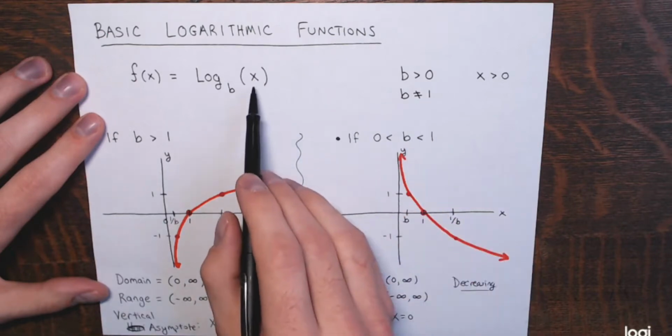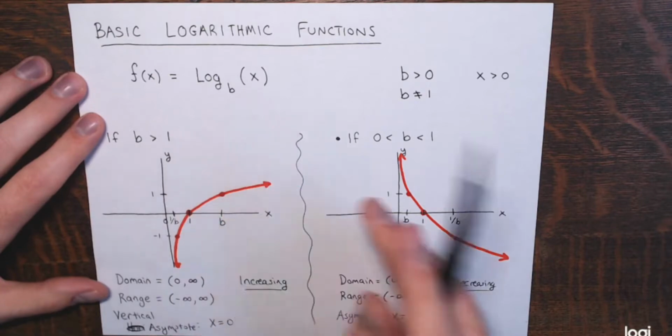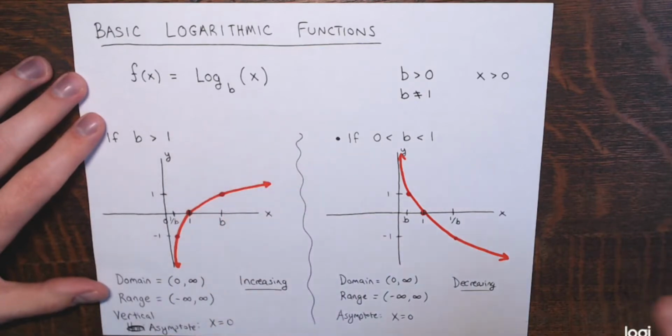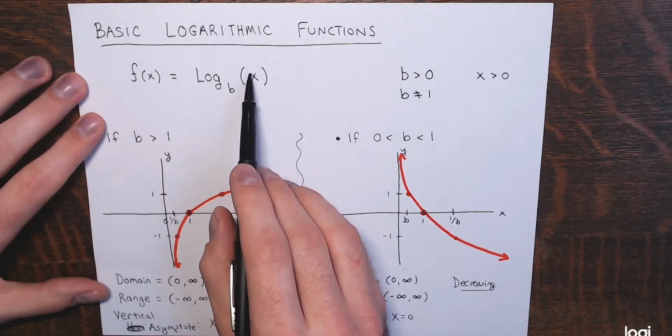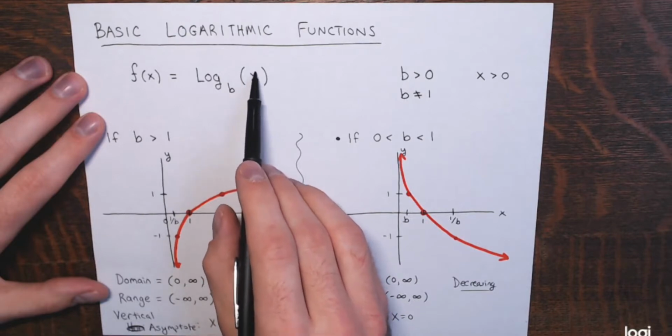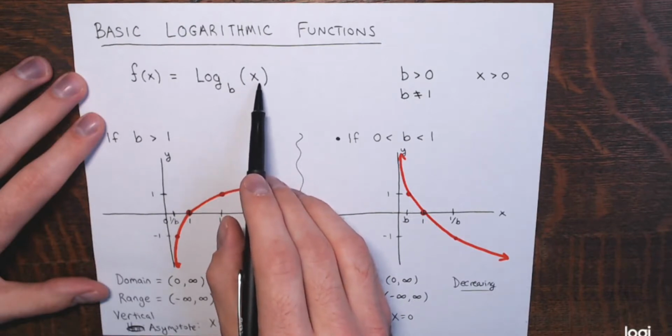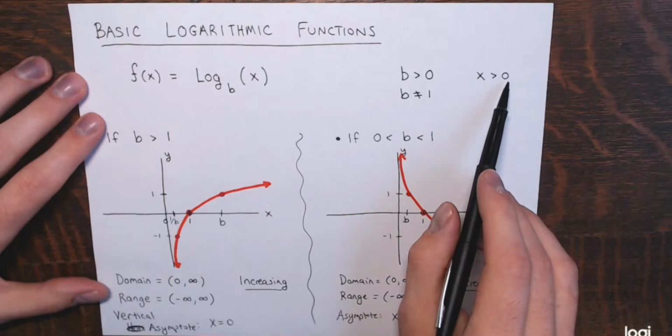And another thing we're going to notice, and we'll see this later when I go to the Desmos calculator, is that the input, right, the number inside the logarithm, also must be positive. So I've got over here x has to be greater than 0.